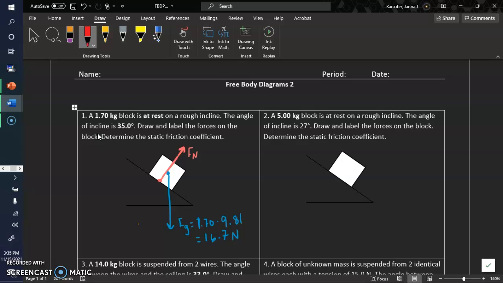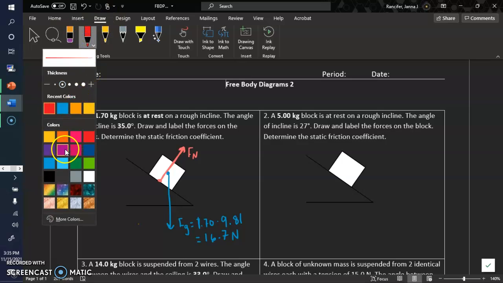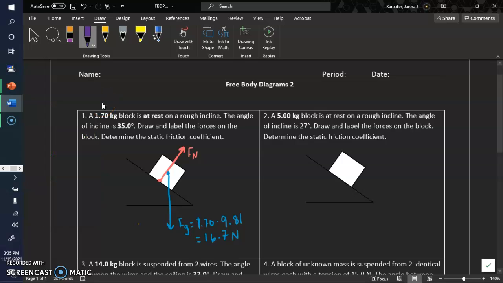Now this normal force does not equal the force of gravity, and it's because this object is on an incline of 35 degrees. So the force of gravity effectively kind of splits, if you will. The force of gravity will have a component that is also going through the surface of the ramp.